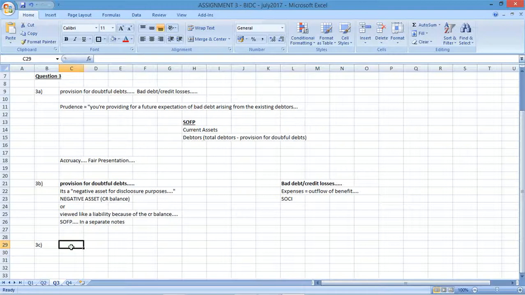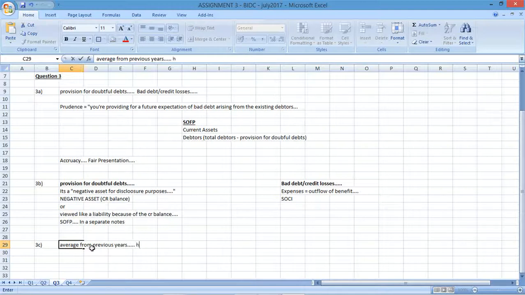State 2 ways in which a firm may decide the amount of its provision for doubtful debt. So 2 ways. So we could look at an average from previous years.